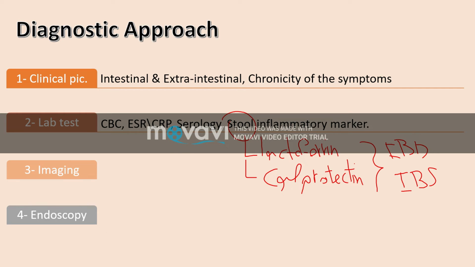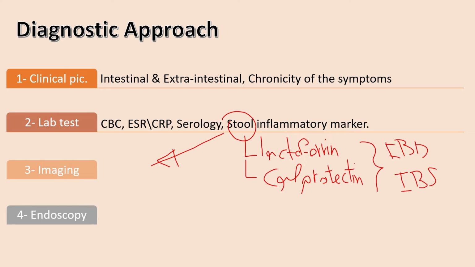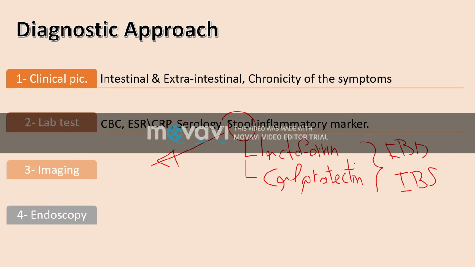Also, another part of the stool examination, looking for ova and toxins like C. diff toxin, any chronic parasitic infection or bacterial infection to be ruled out, as the clinical picture of IBD, as we mentioned before, is not specific, so you have to rule out infection.